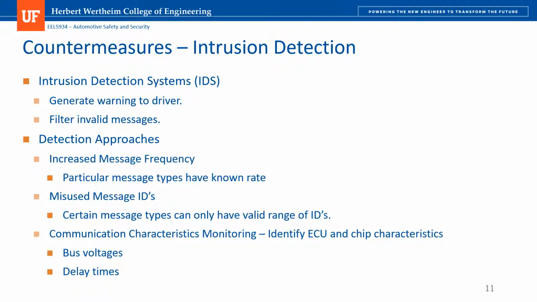And this would probably be done at the beginning of the life of the vehicle, where you would understand how the characteristics of each chip works, so that you know this particular message type comes from these ECUs and it takes X amount of time, and it always takes X amount of time and no more than X or Y value. And this would give another indicator of some other node in the network sending invalid messages if it had a different delay time.